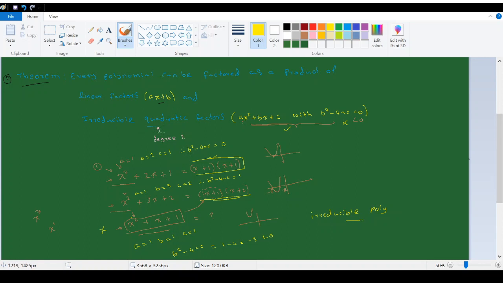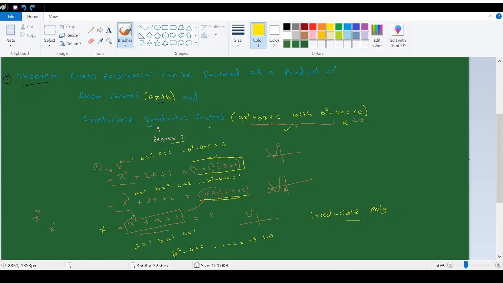Now quadratic means of degree 2. So an irreducible quadratic factor means a polynomial of second degree for which we cannot find any linear factors, right? So that's the meaning of this sentence. And now I am going to explain the meaning of this theorem that I have written in blue color.